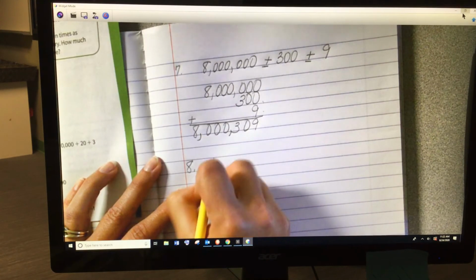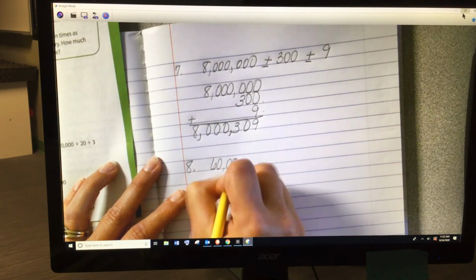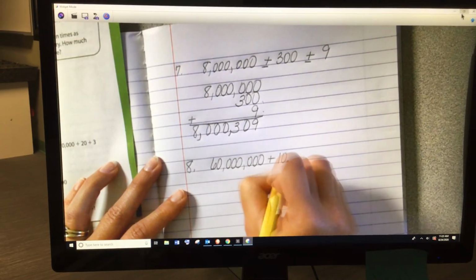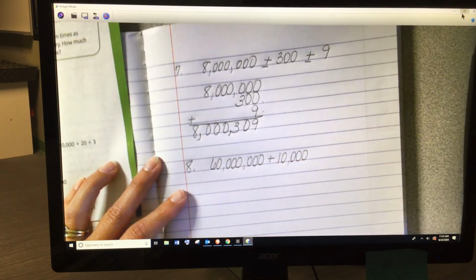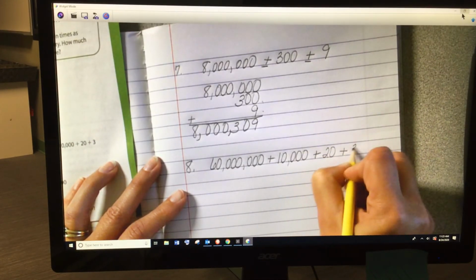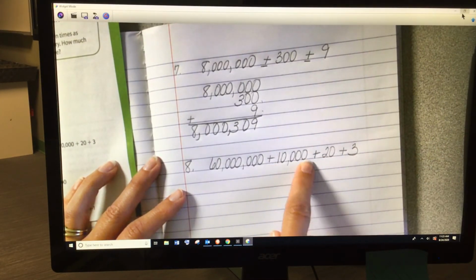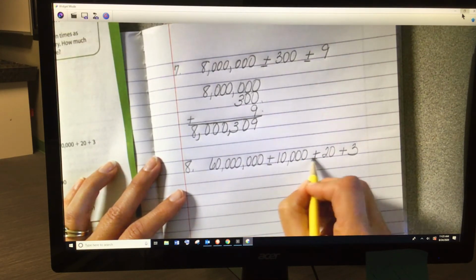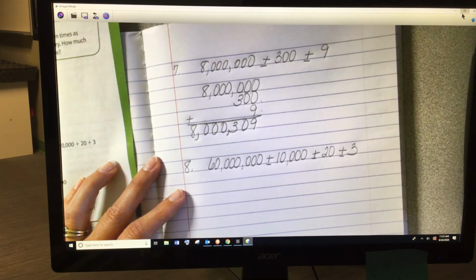So we have 60 million this time, plus 10,000 plus 20 plus 3. Now again, what do we see? What operation do we see between every number? We see addition. So we can write this as an addition problem.